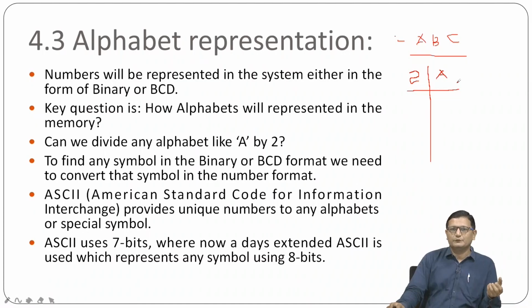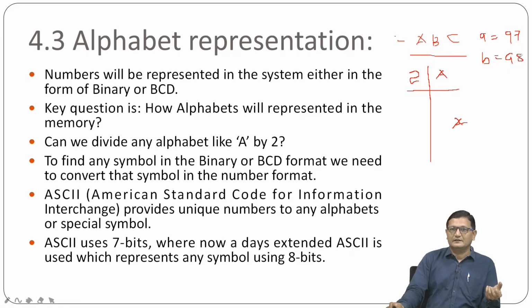So let's suppose you are talking about A; A has its unique number, right? If you are talking about a small a, the small a is represented as 97, okay? Whenever you store a small a into the computer's memory, the computer actually stores the binary of 97. If you want to store a small b, at that time the computer stores the binary of 98, okay?